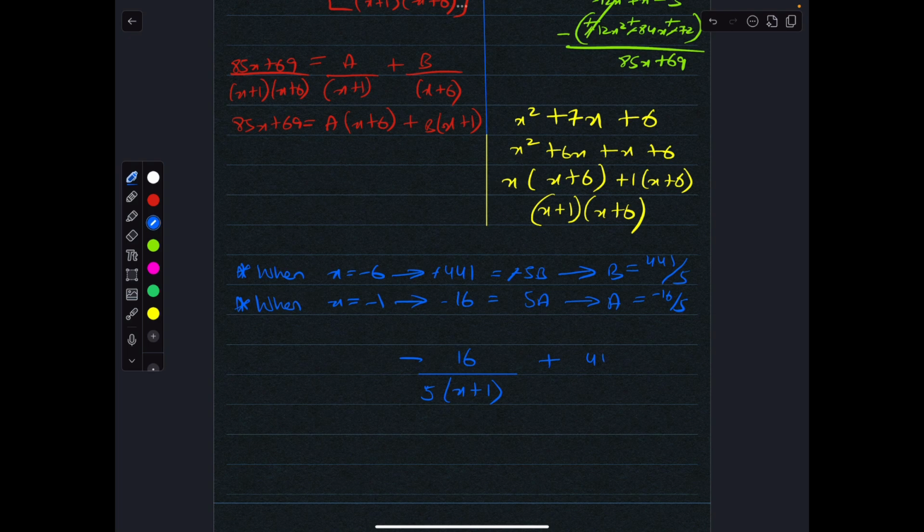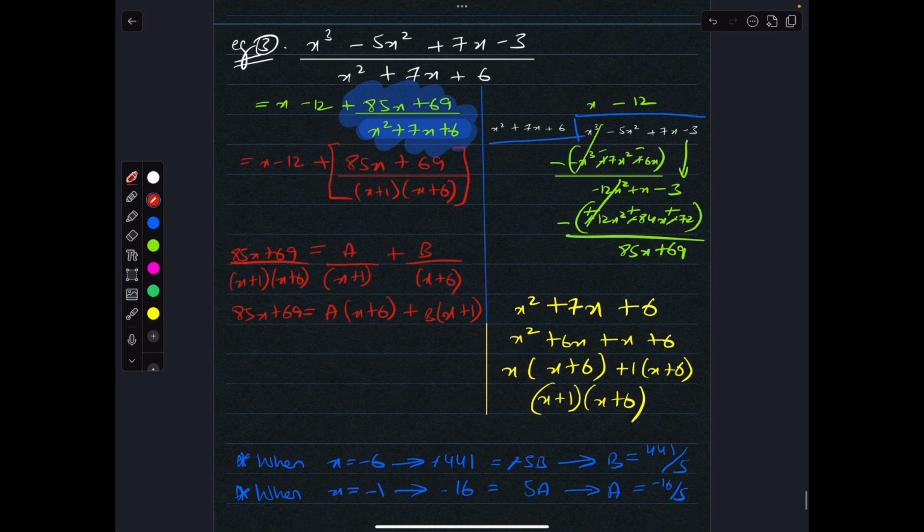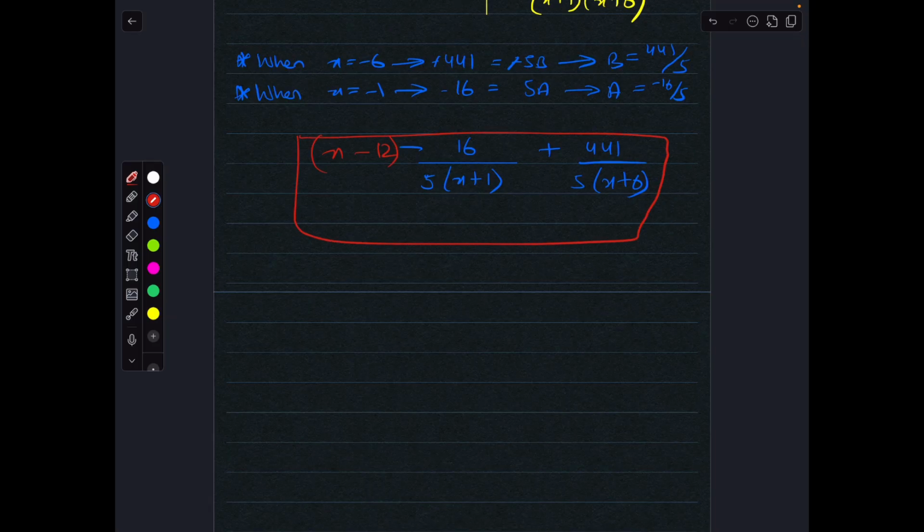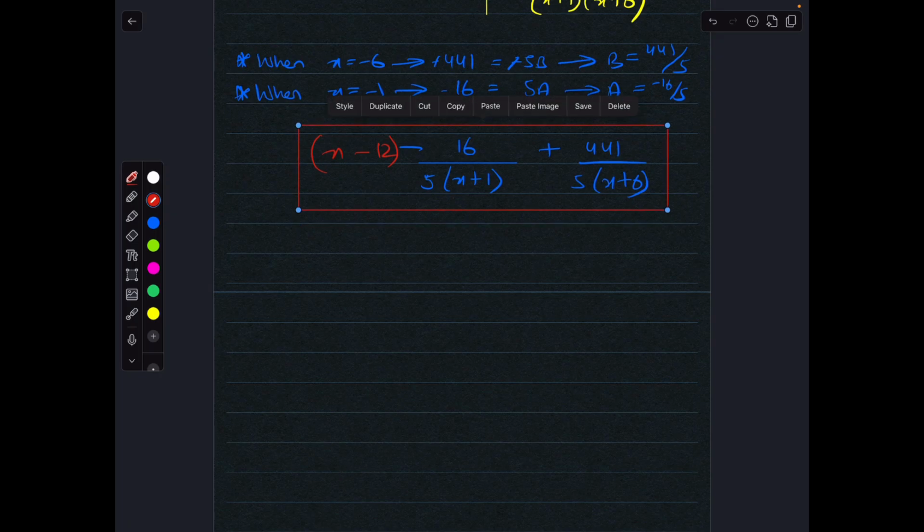Don't forget that a is minus 16 over 5, and b is 441 over 5, and this is what the partial fraction would look like after being solved. Don't forget the x minus 12, and write down the x minus 12 in your final answer. And this is your final answer. Box this up and leave it. That's it.